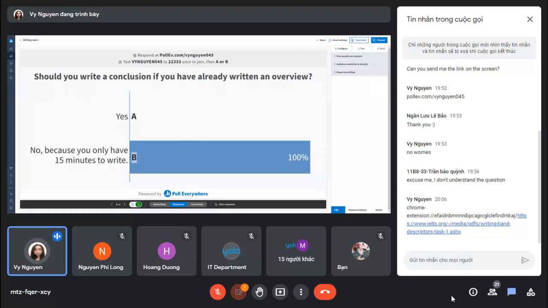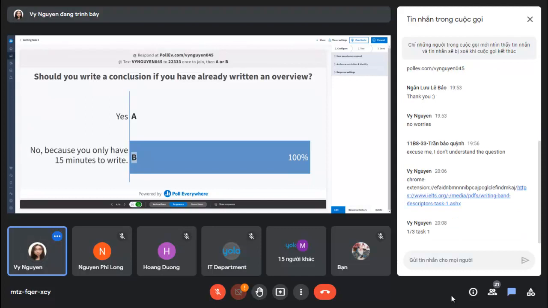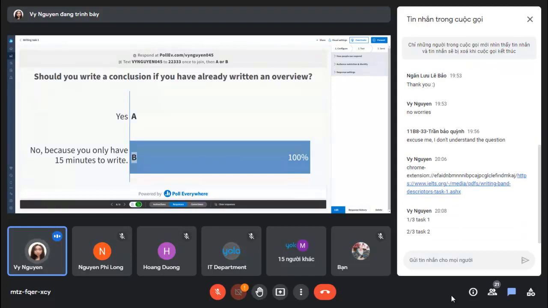We always want to focus on task 2 because task 1 is only a third of your score, right? And your task 2 will be 2/3. Yeah.